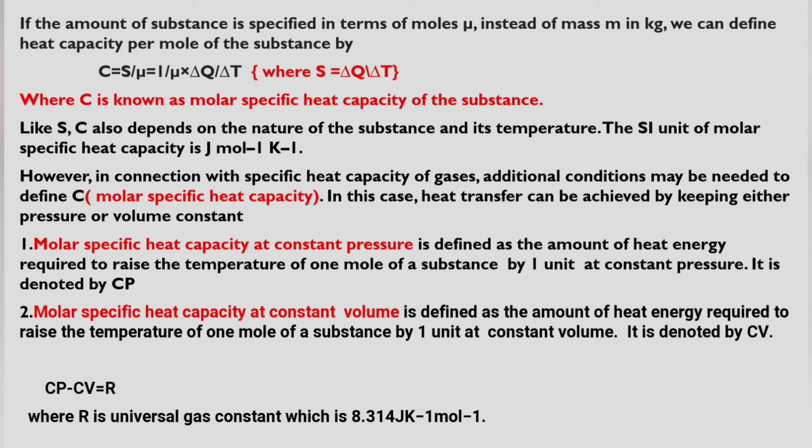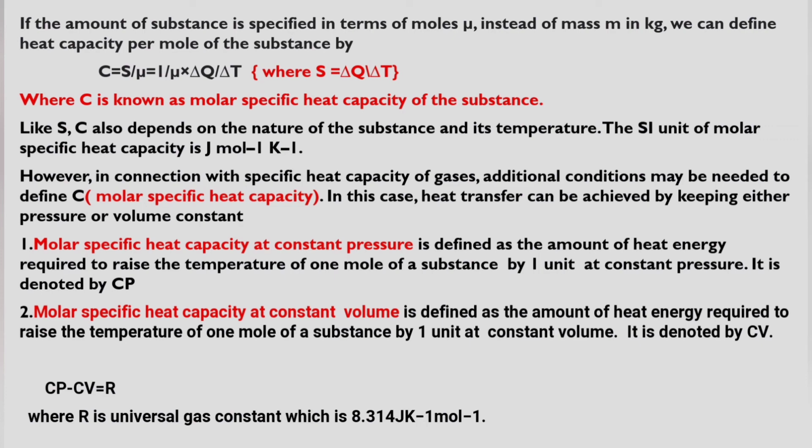However, in connection with the specific heat capacity of gases, an additional condition may be needed to define the molar specific heat capacity, since heat transfer can be achieved by keeping either the pressure or the volume constant. Therefore, the molar specific heat of a gas can be divided into two.